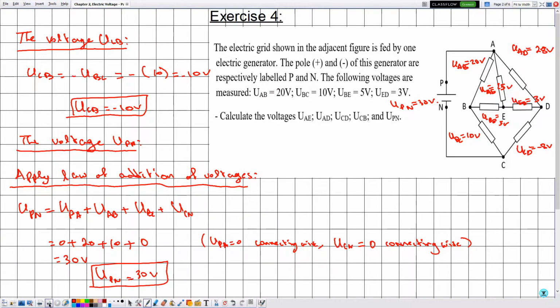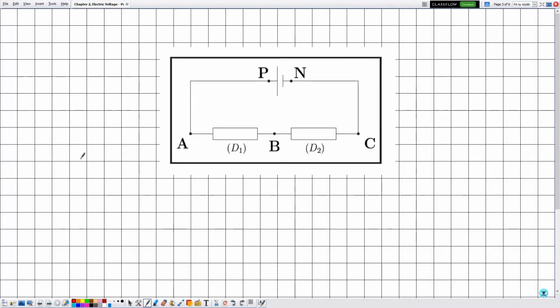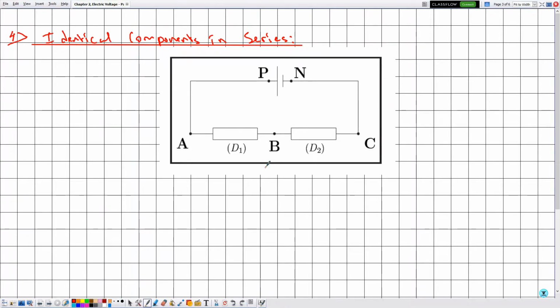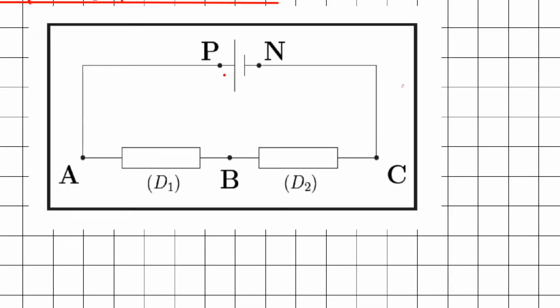And now let me move to the next section, which is section number 4, which is identical components in series. So consider the electric circuit of the given document.